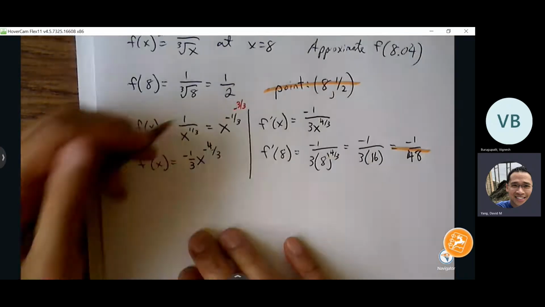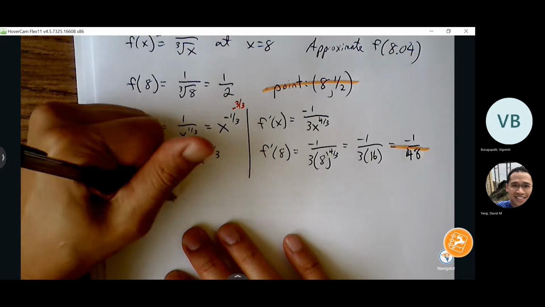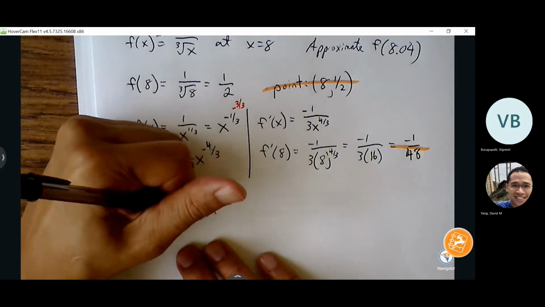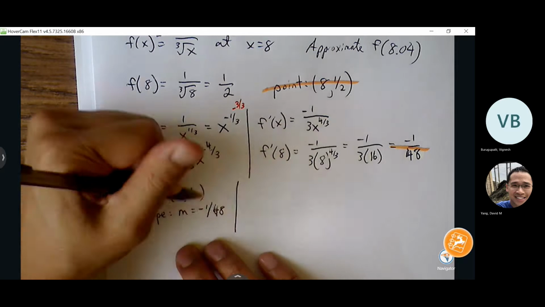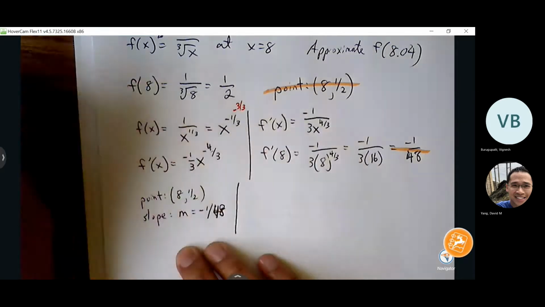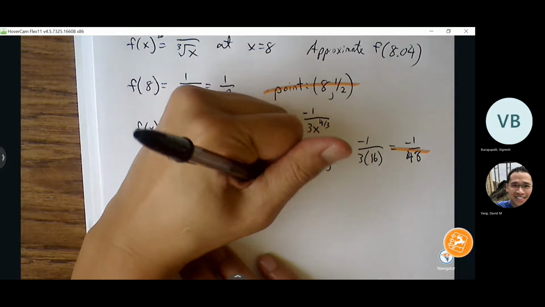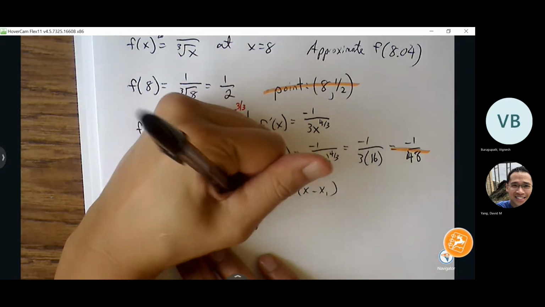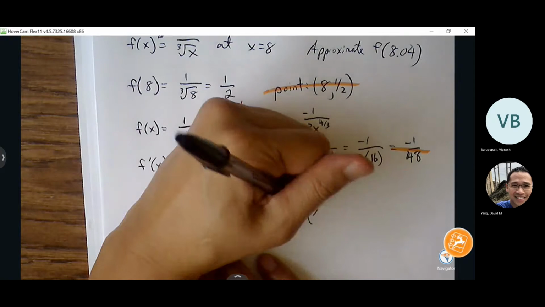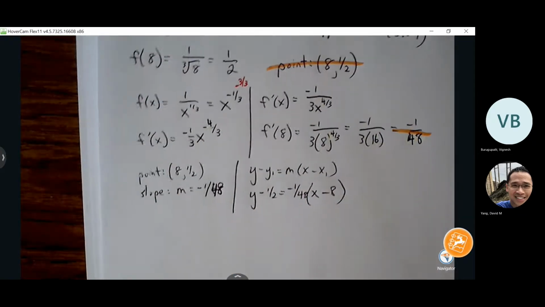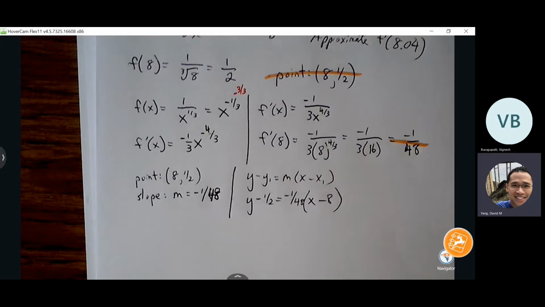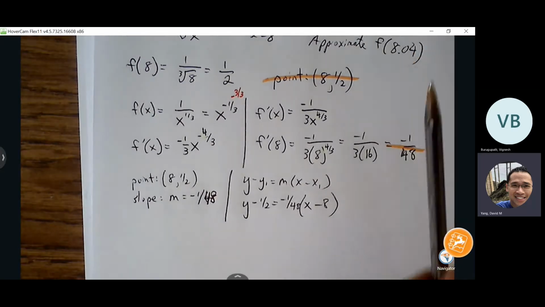Now ready for point slope. Get y by itself, and then finally we can insert that 8.04 in.